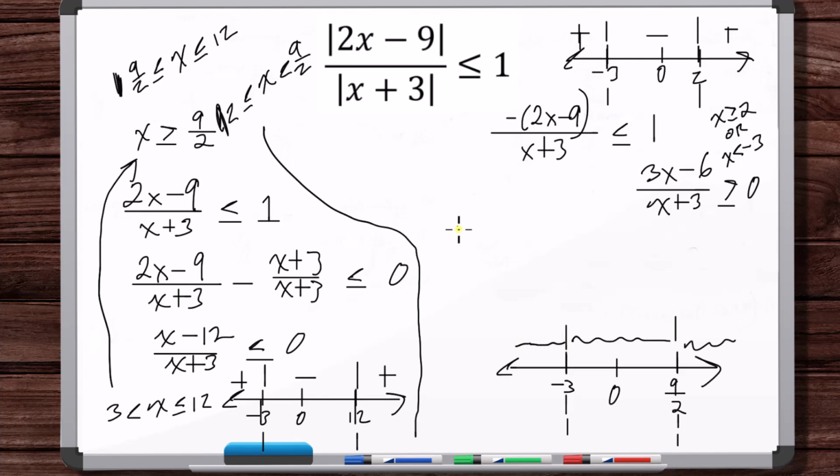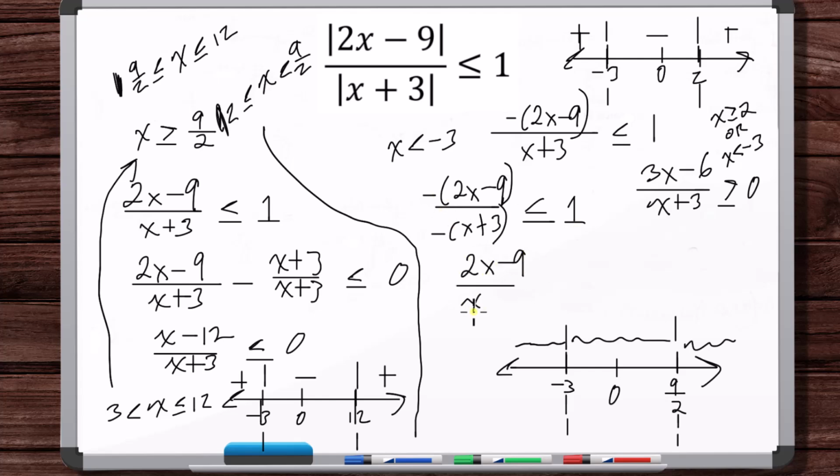So what about when x is less than minus 3? In that case, this is always going to be negative, and this is always going to be negative. So we would simplify that by doing this, right? Well, the negatives cancel, so what are we left with?